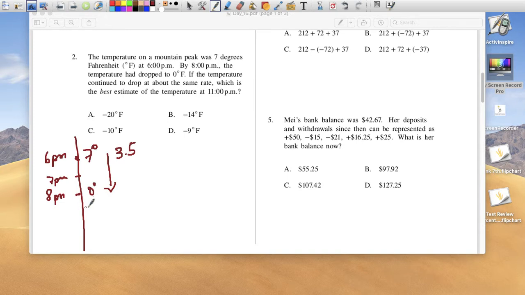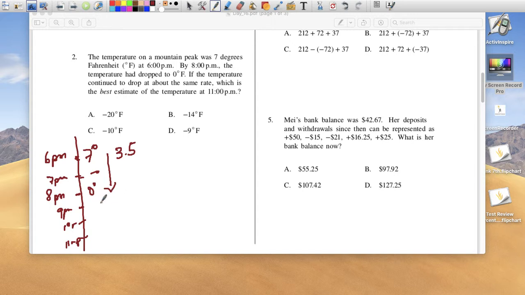So now you're asking, what would it be at 11 p.m.? So let me make 8, 9 p.m., 10 p.m., 11 p.m. If we know that it's dropping at a rate of 3.5 degrees every hour, at 8 p.m. it's at 0 degrees.